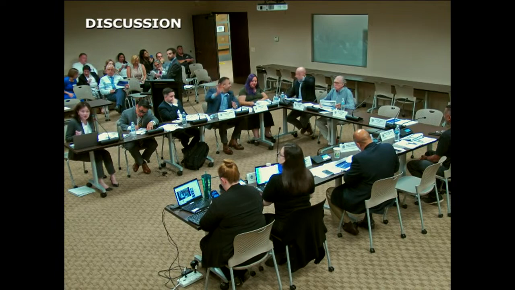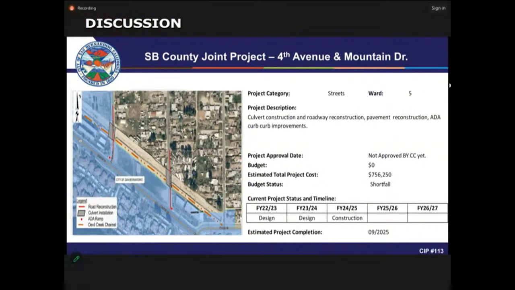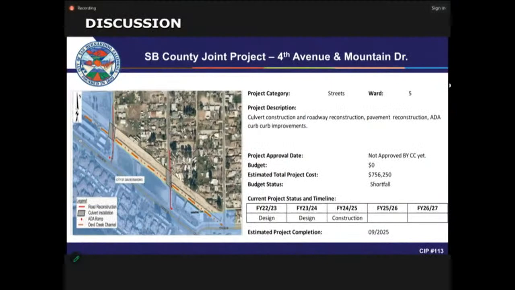Okay, before I get on to this next county joint project, regarding the question about the pavement management program, the $1 million is actually from Measure I. So the next one is one of the 9 joint projects we have with the county. We talked about the past 6 projects that we had a co-op agreement with the county for.